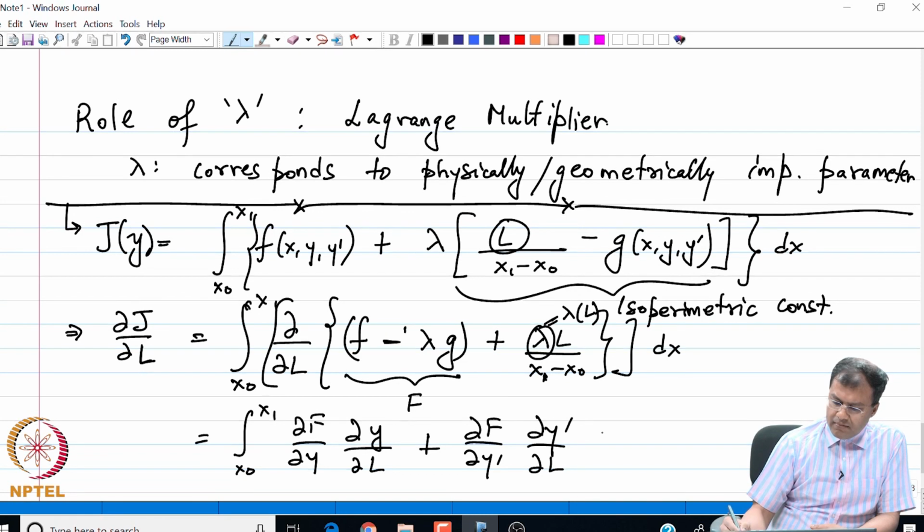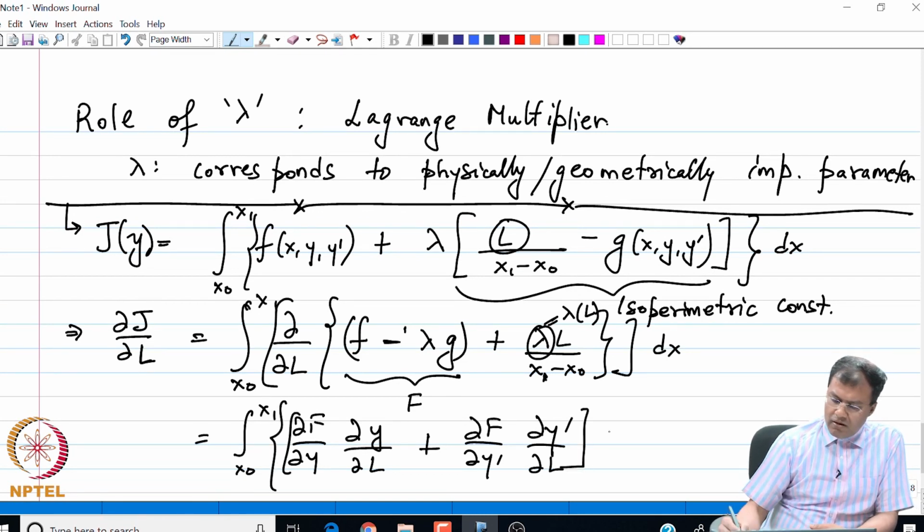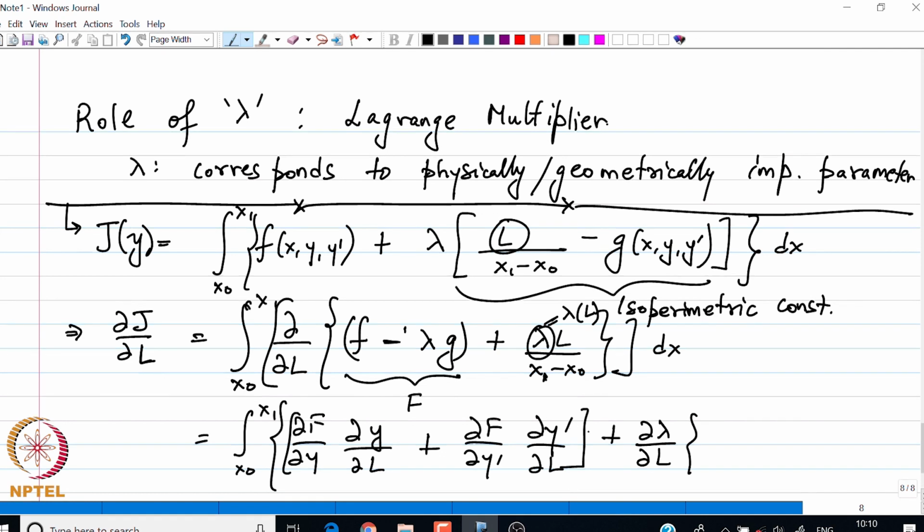So we also have the term del lambda del L times (L over x1 minus x naught minus the integral of g dx), from x0 to x1.